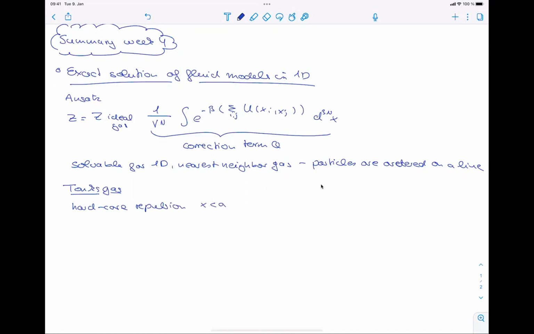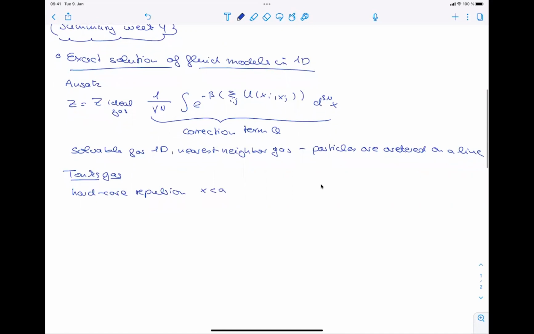So for x over a smaller than size a, there's an infinite potential. And so in this case, we could calculate the partition function for particles on a line of a finite size or extent a.